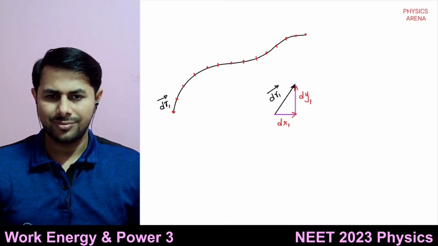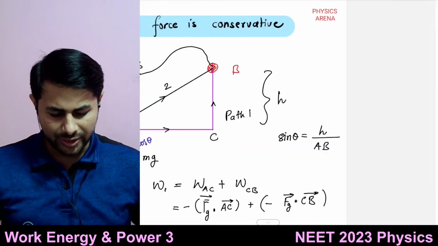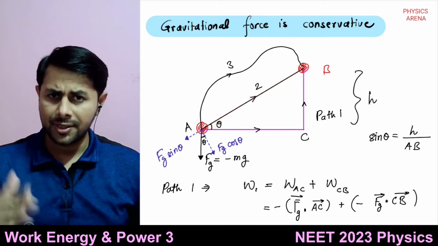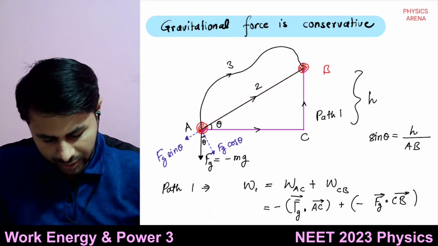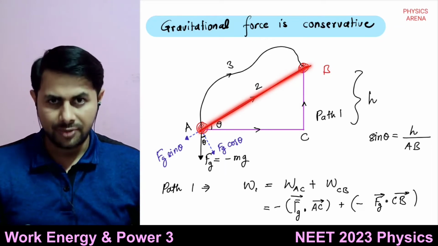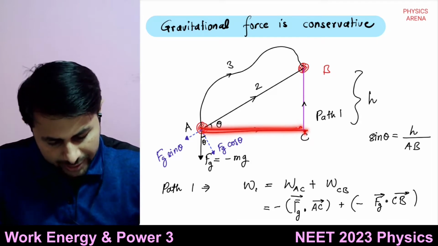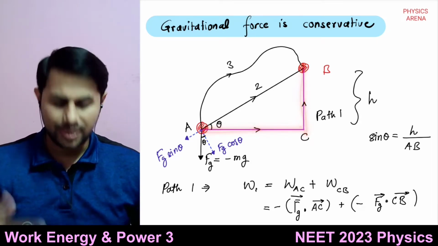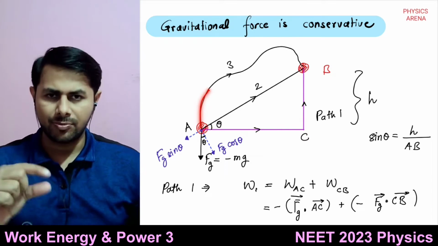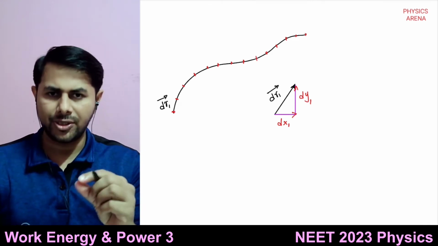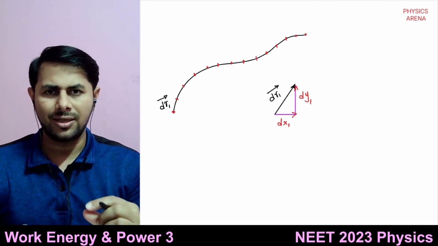Yes, no? Yes, sir. Okay, just like we saw it here. See this inclined line: work done to move it along this inclined line is equal to work done to move it along this horizontal path from A to C plus work done to move it from C to B. So just like that, I'm taking small segments of this curved path, and if I take a sufficiently small segment, I can call it a line.